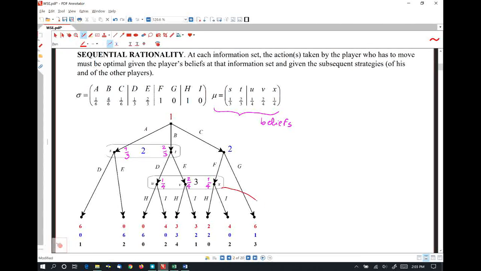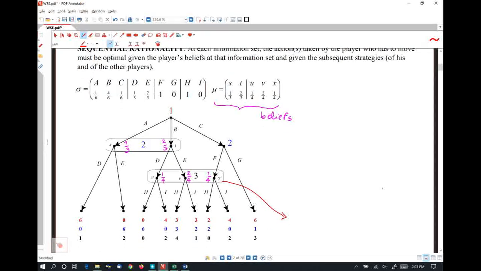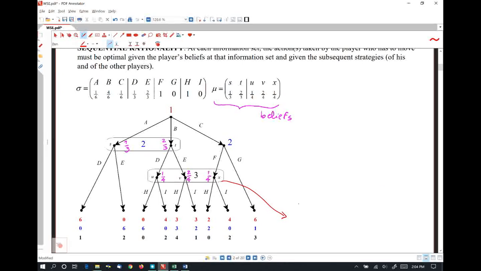So we are here, and we say if player 3 has these beliefs, then what should he do, right? Now, if he plays H, then with probability 1/4, it does so at node U, the left node, in which case his payoff is 0.